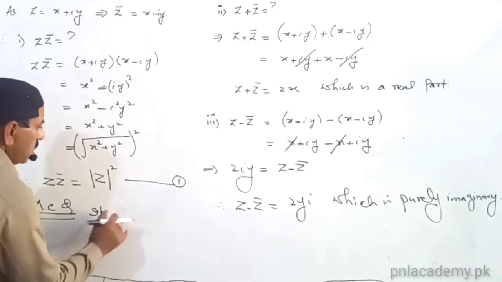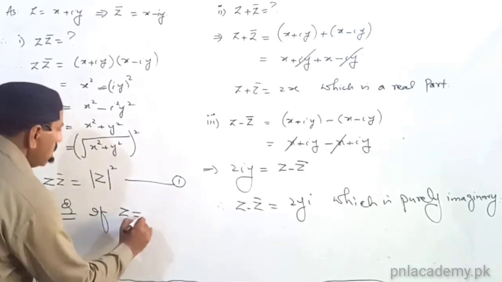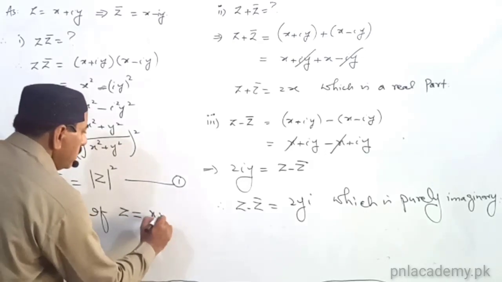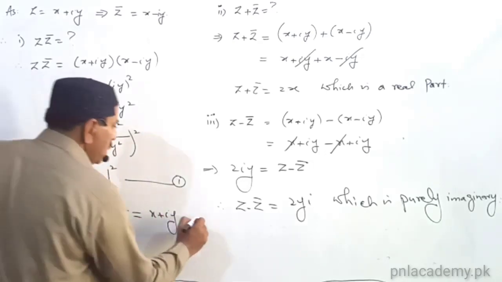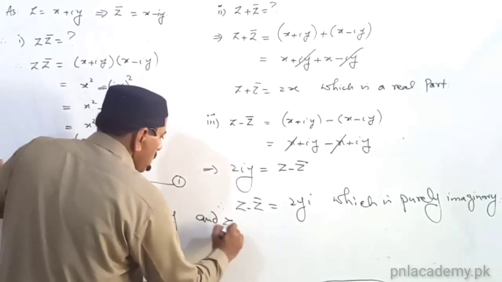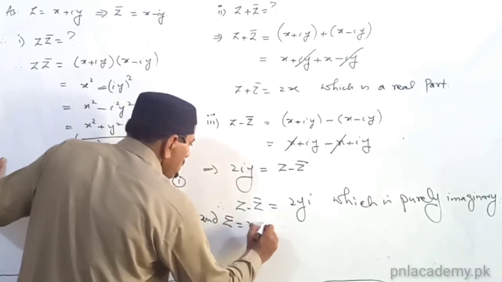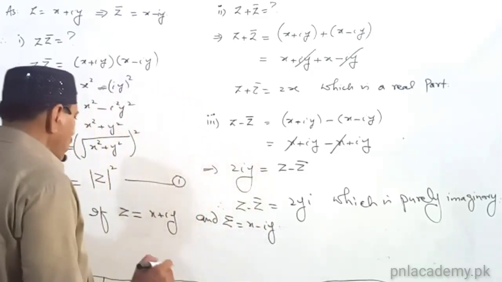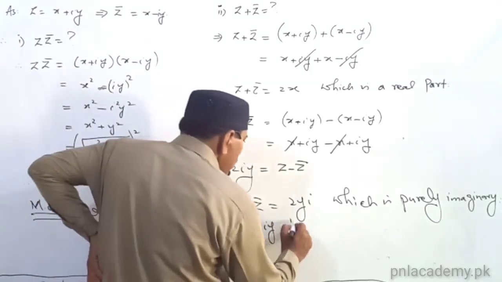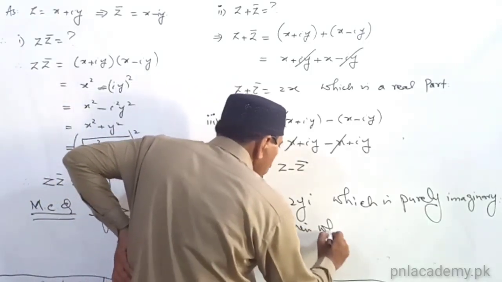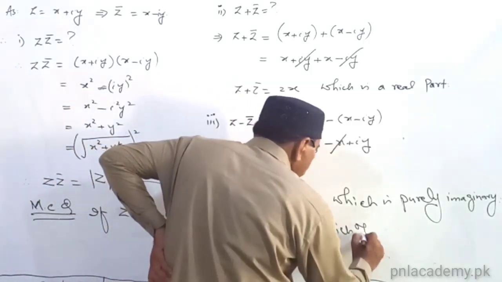So, according to the MCQ, z is equal to x plus iota y and z bar is equal to x minus iota y.